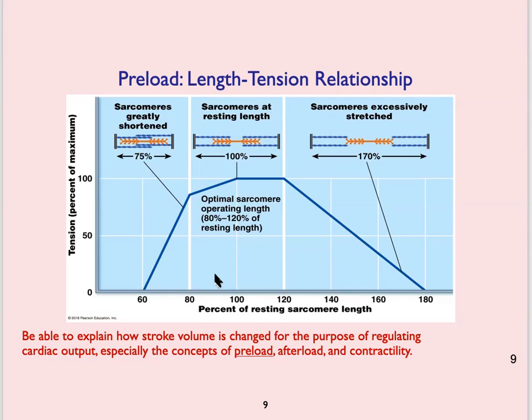When you stretch the ventricle with that extra amount of blood in there, according to this length tension relationship, it increases the force of contraction that our heart is able to generate. With that, our heart is able to pump with greater force, and that then leads to increased stroke volume.